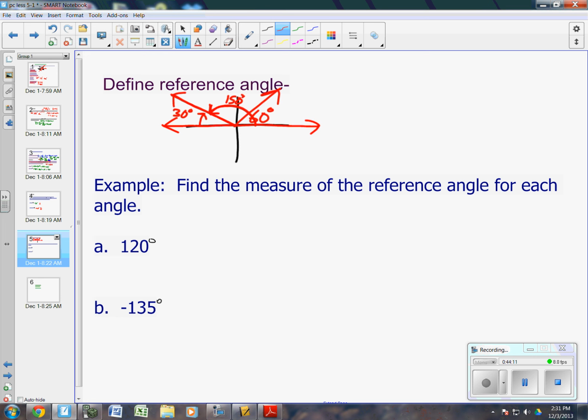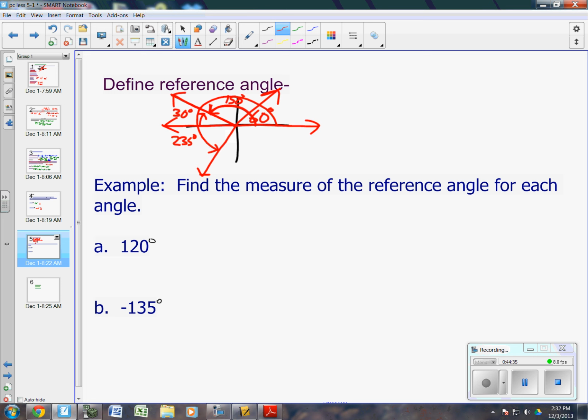Well, let's say I have an angle of 235 degrees. Okay? Let's say I have a 235 degree angle. Well, once again, what's the reference angle to a 235 degree angle?